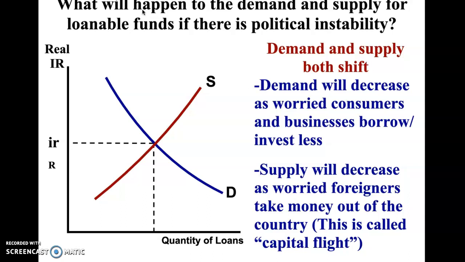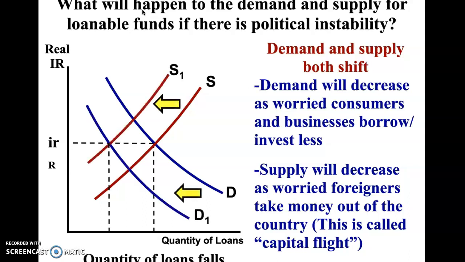And supply will decrease because foreigners will be like, I'm going to get my money out of there. So they take all their capital out of the banks. We call this a capital flight. So those are what the shifts look like. We see that loans fall and real interest rates will be indeterminate.